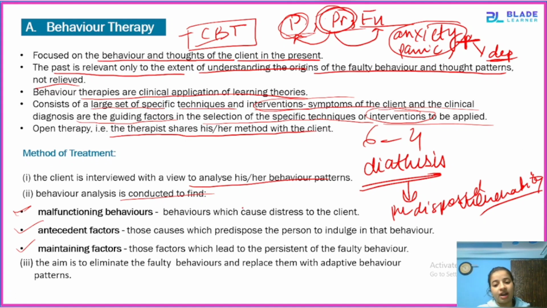The maintaining factors are the factors which lead to persistence of the faulty behavior. चलो ठीक है, हमारा एक predisposed vulnerability है, हमारी किसी चीज़ को उसने ट्रिगर कर दिया, but then it goes down, right?